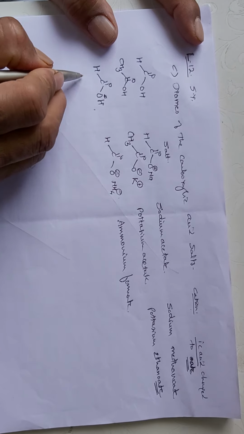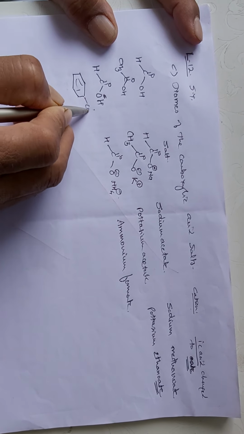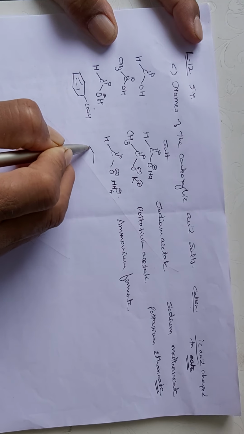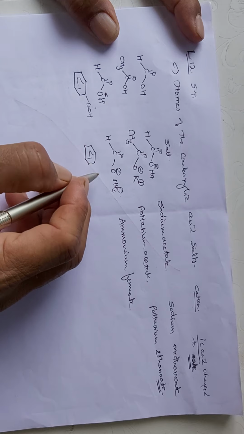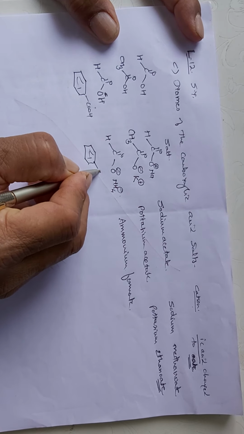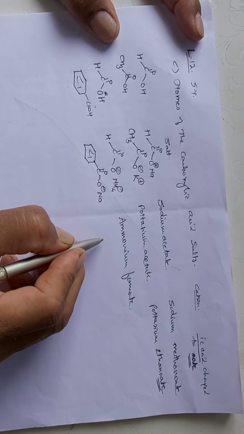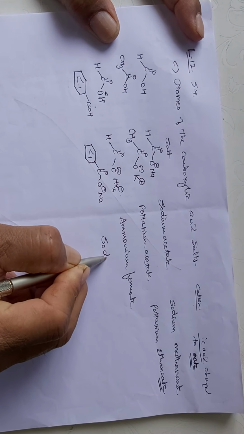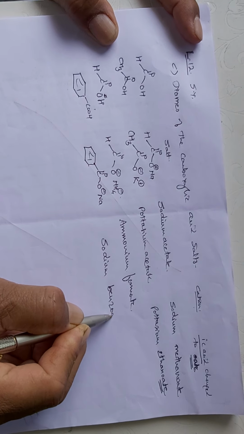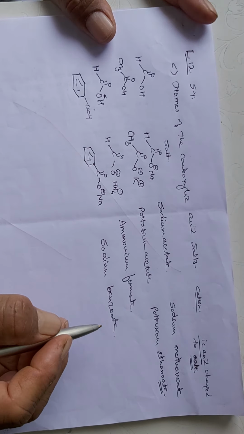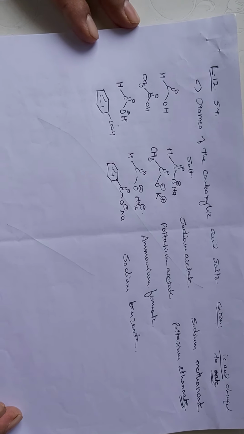In the same way, for the aromatic carboxylic acids, suppose benzoic acid, you will get the salt sodium benzoate. So in this way, we can give different names to the salts of the carboxylic acids.